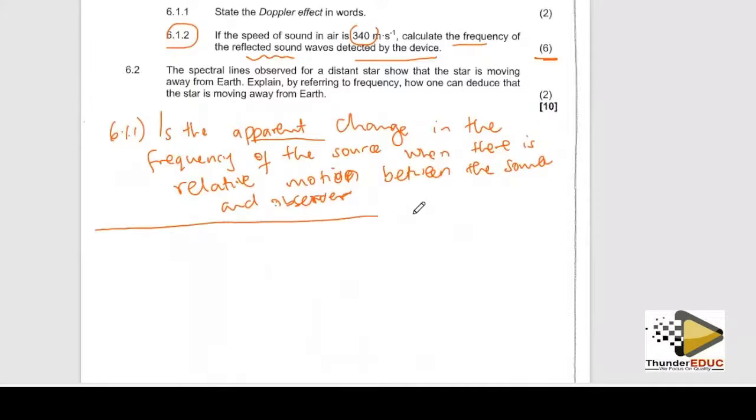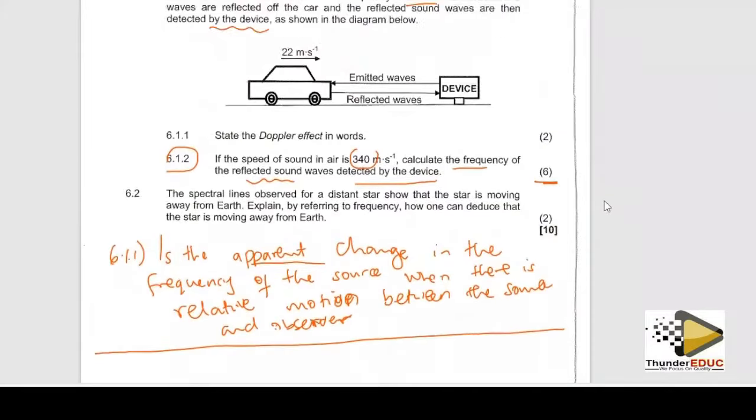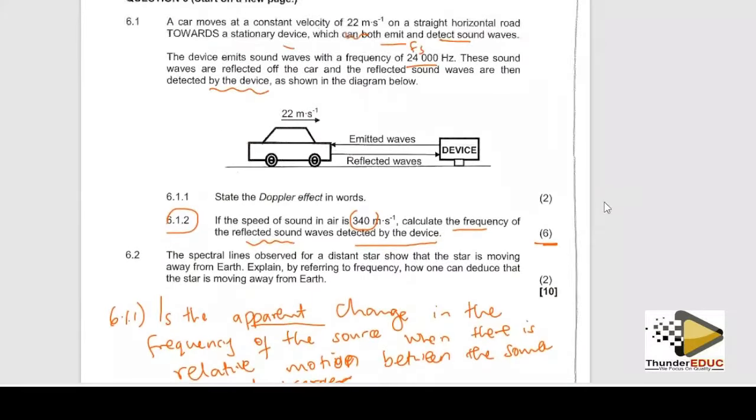Let's see if we can break it down. Because 6 marks for frequency of the listener from the formula. You know that it's V plus minus velocity of the listener over V plus minus velocity of the source times the frequency of the source. Let's see.